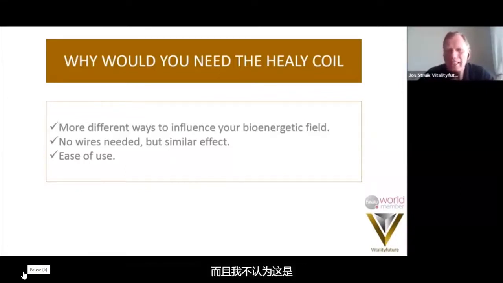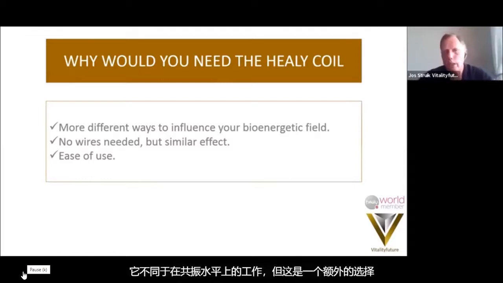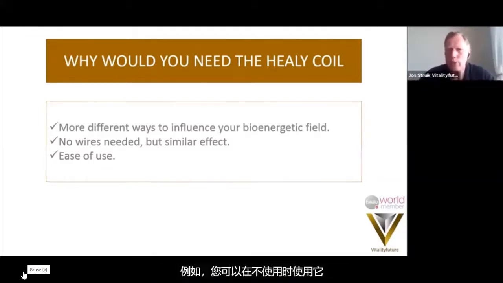And I don't see it as the same way as running the microcurrents, because you are not working directly on the physical level. It's not the same as working on the resonance level, but it's an extra option that you have, for example, to use when you don't want to use the wires.